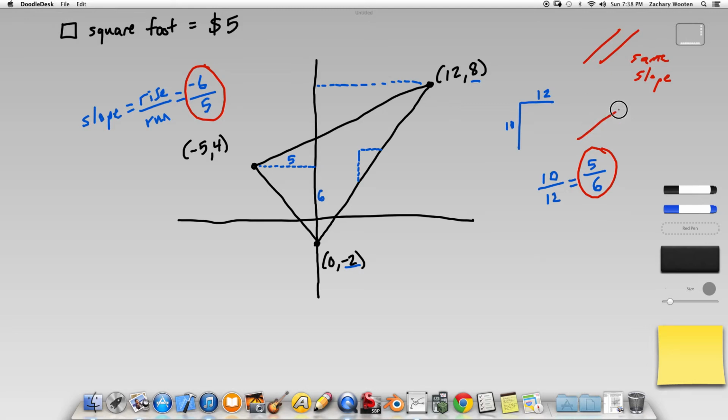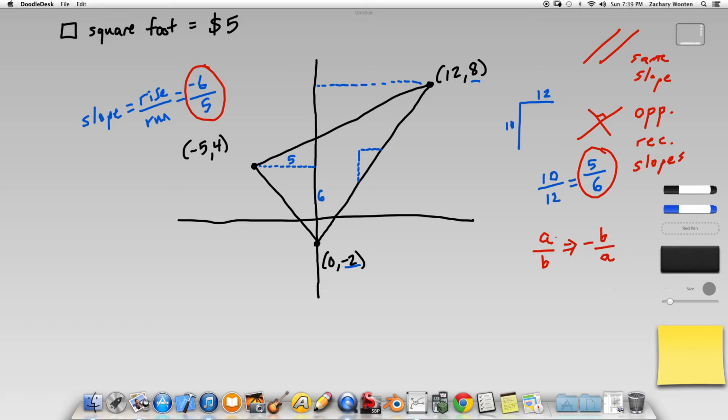Perpendicular lines that meet at right angles have what we call opposite reciprocal slopes. And if you remember, opposite reciprocals means if one of the slopes is a over b, then the opposite reciprocal would be negative b over a.